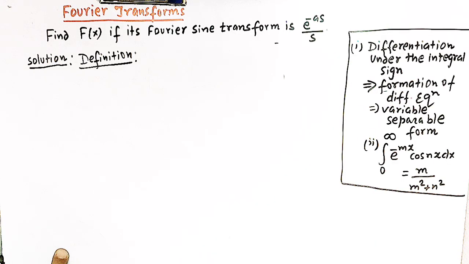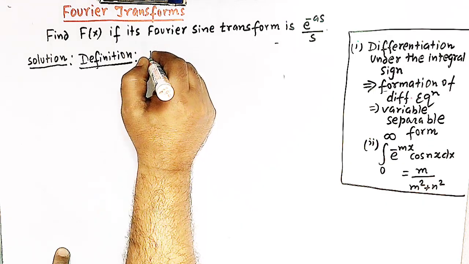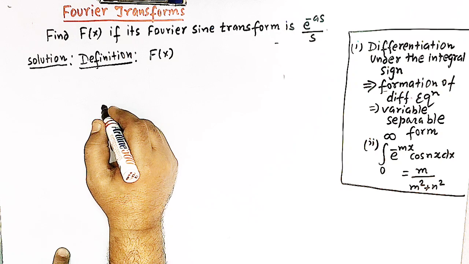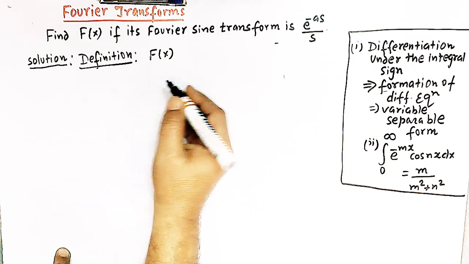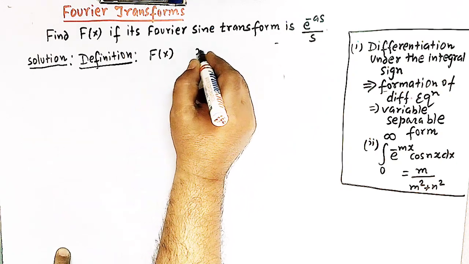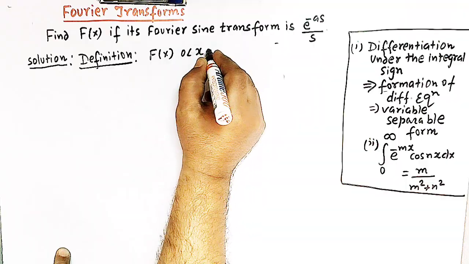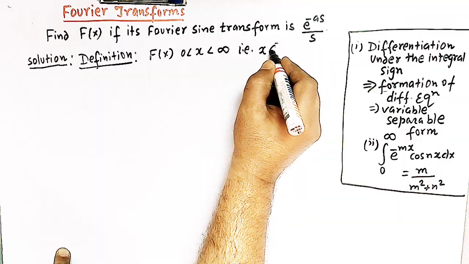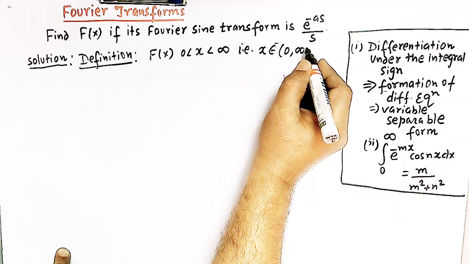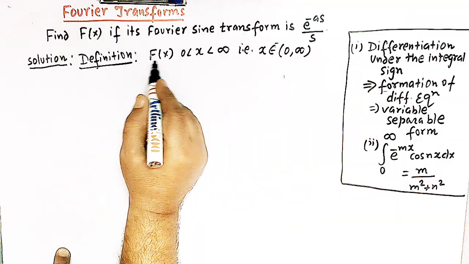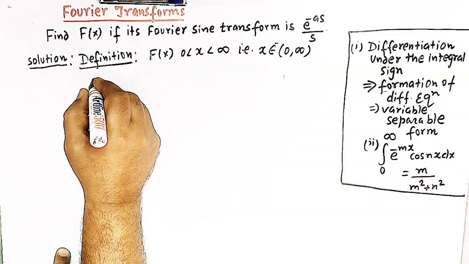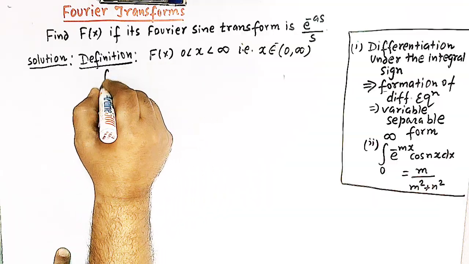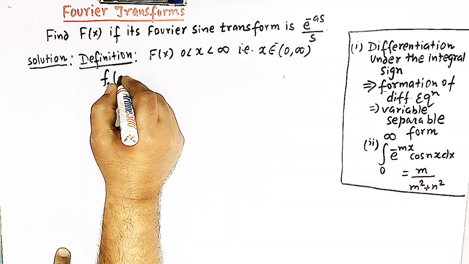Now let us start with the definition of the infinite Fourier sine transform of the function f of x, where x belongs to the interval 0 to infinity. The infinite Fourier sine transform of f of x is denoted by capital F sub s of s.